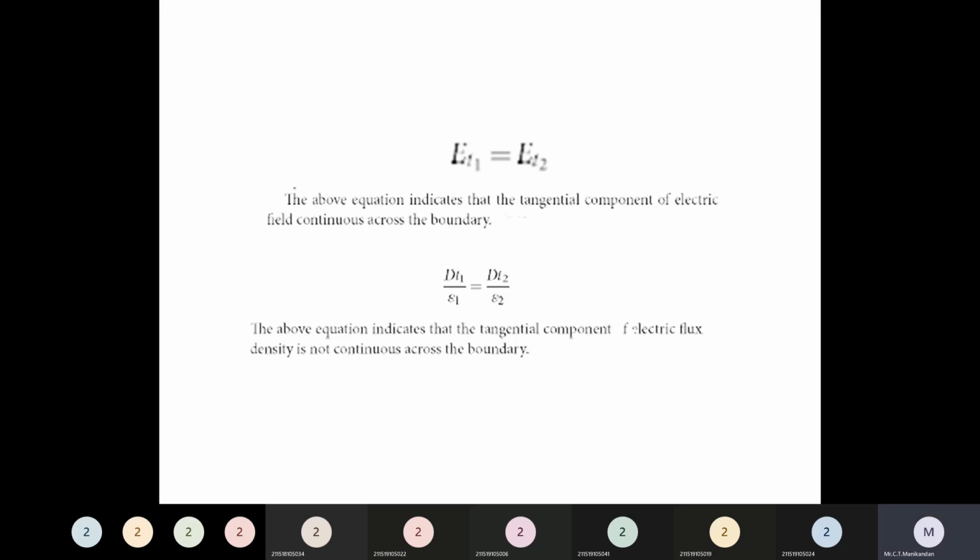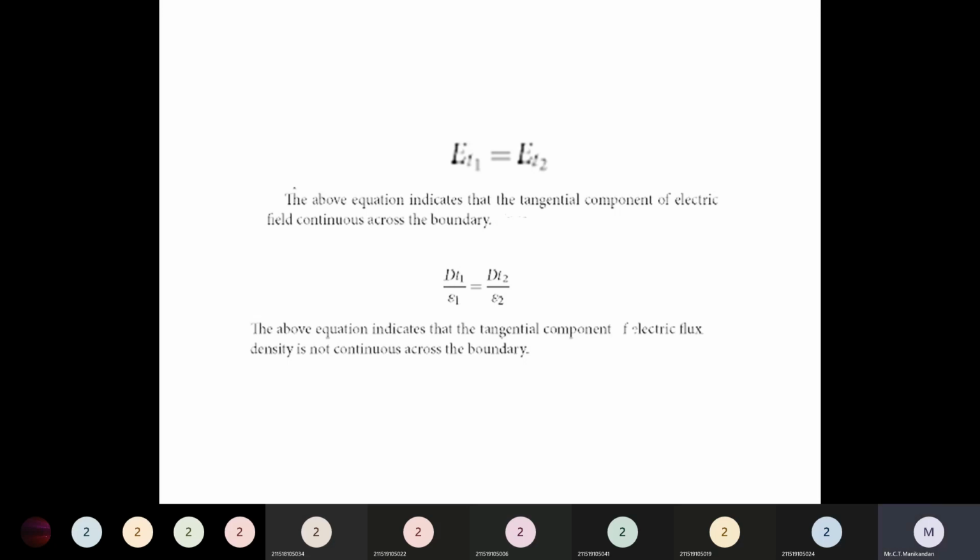ET1 equals ET2. Now we know the relation between electric field and flux density: D equals epsilon E. So from this equation, we can rewrite ET1 as DT1 by epsilon 1. Similarly, ET2 can be written as DT2 by epsilon 2.